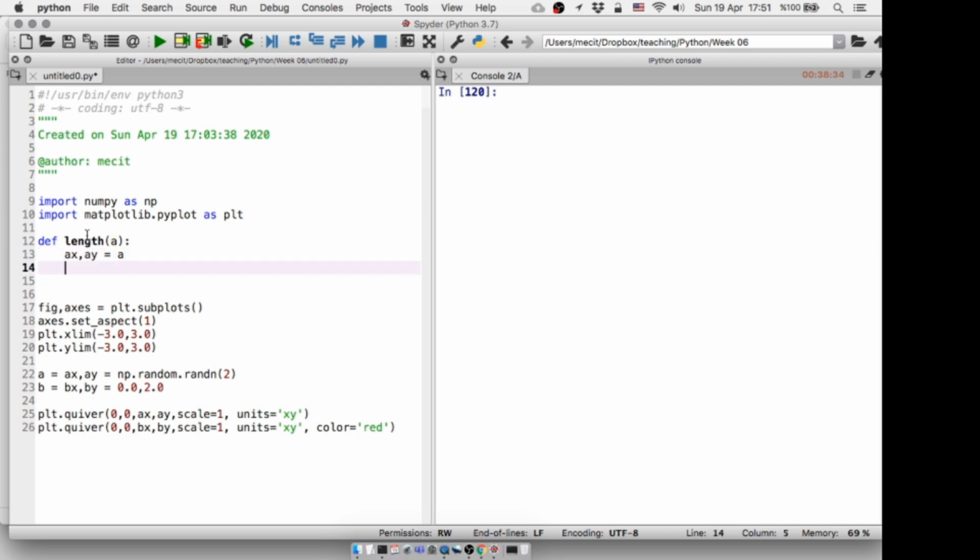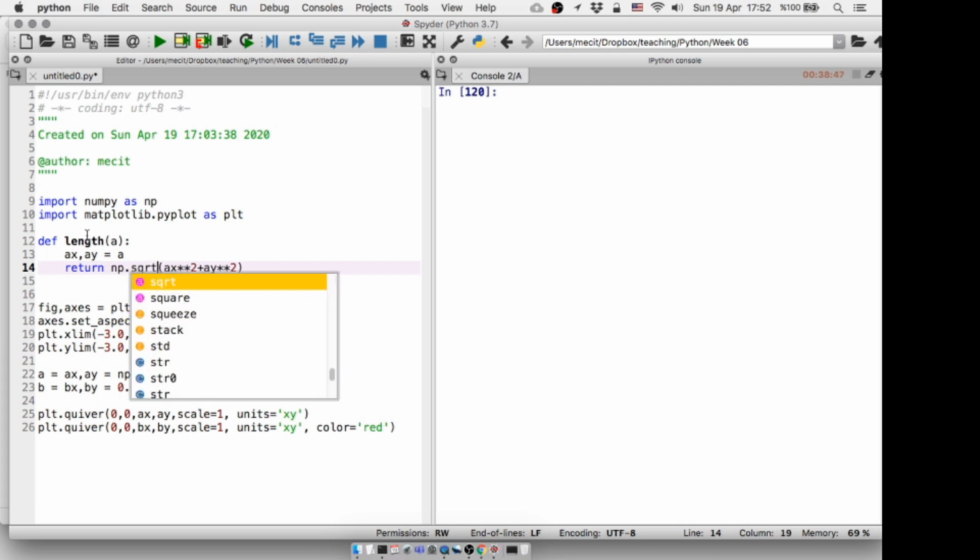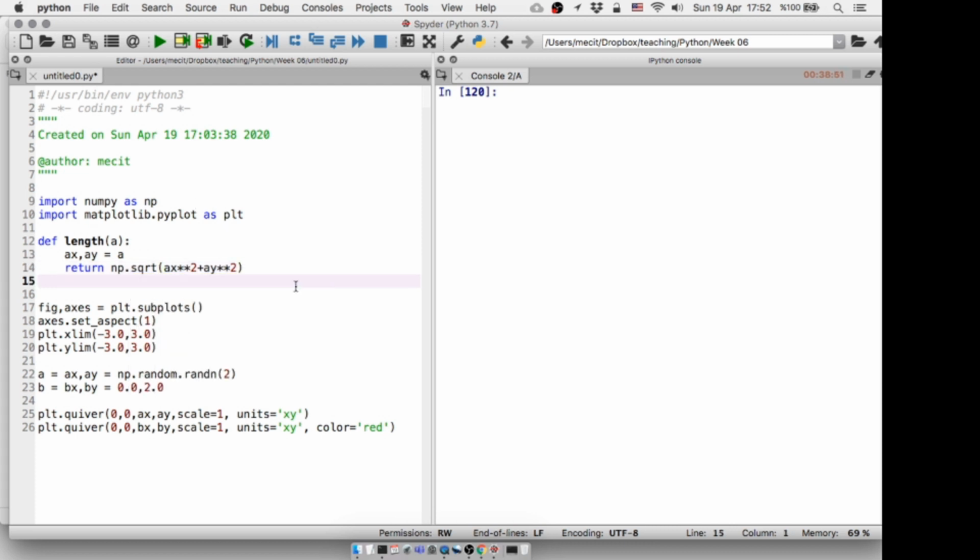So the length should return ax squared plus ay squared, and then the square root of this. I want to do it this way. Okay, so this function takes in a vector and returns its magnitude.